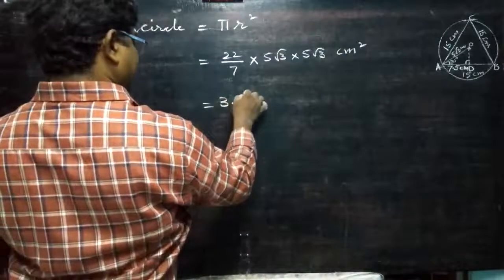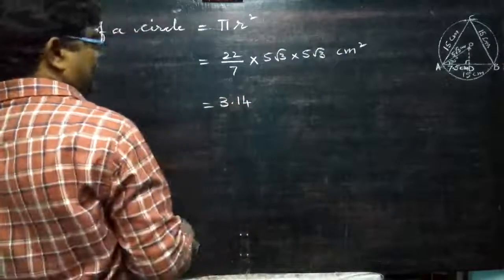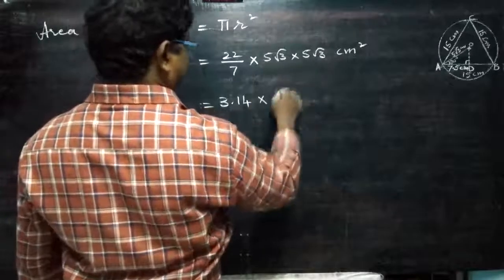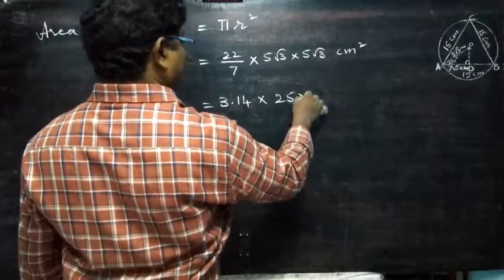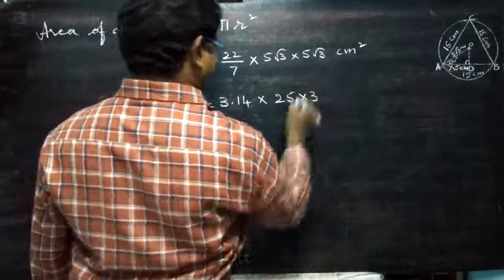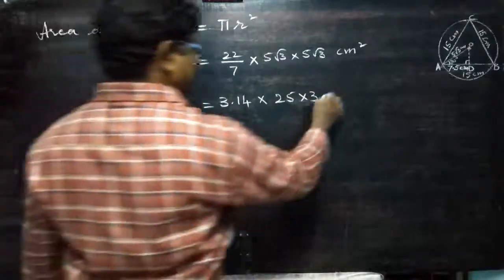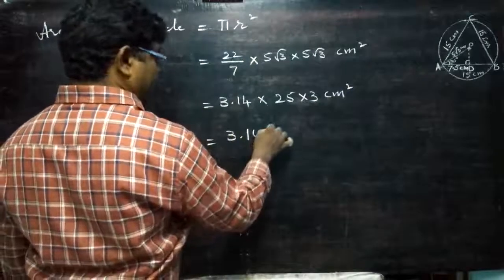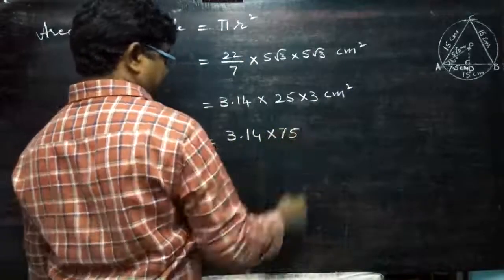We will write 3.14 into 5 root 3 into 5 root 3 centimeter square. 5 5s are 25. Root 3 into root 3, 3 centimeter square. So 3.14 into 75, multiply.